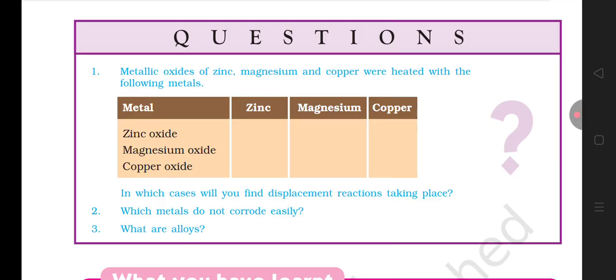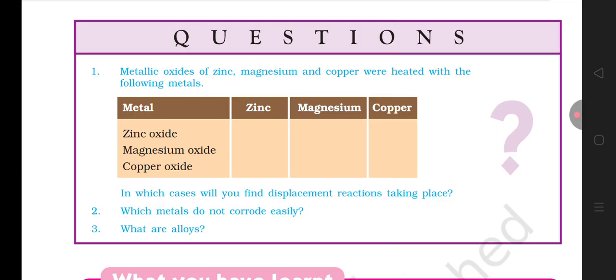In which case will you find a displacement reaction taking place? With zinc we will not find any displacement reaction. When zinc oxide is heated with magnesium, definitely there will be a displacement reaction. With copper, we will not have any displacement reaction.